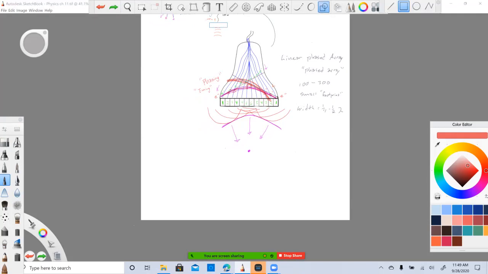Let me just draw a quick transducer face. There's my multiple element transducer. Those are all my elements. Why is it pointy topped?